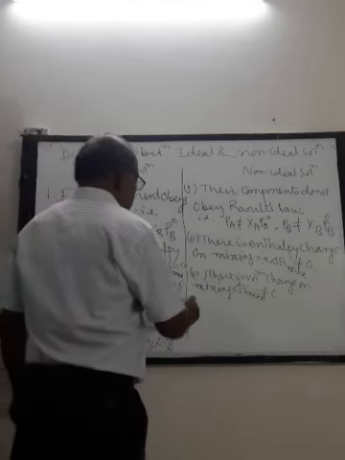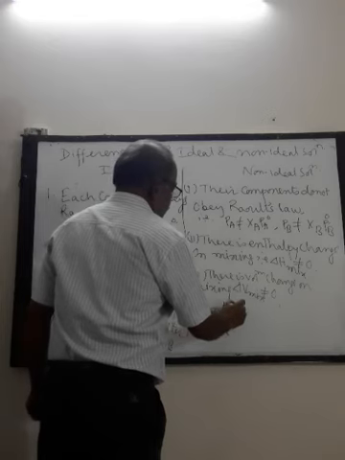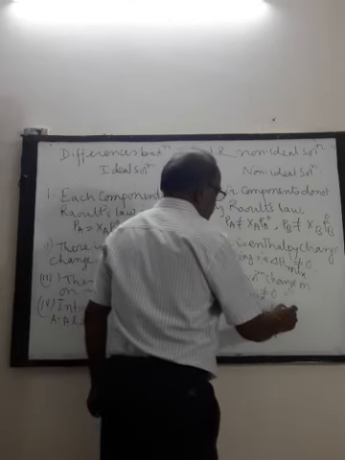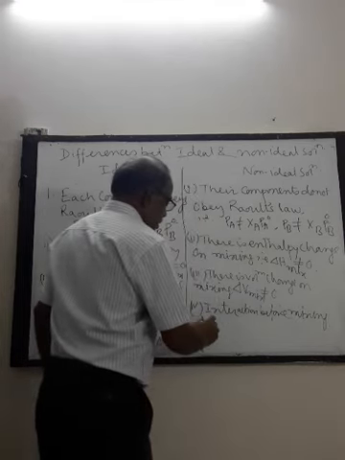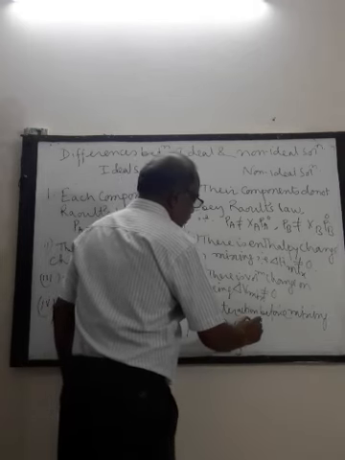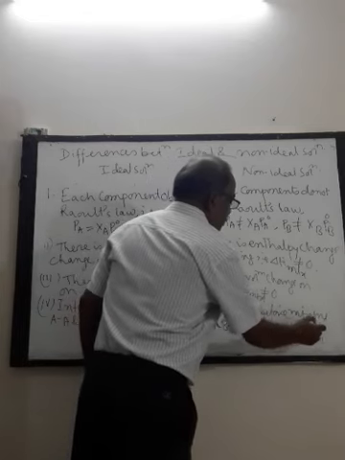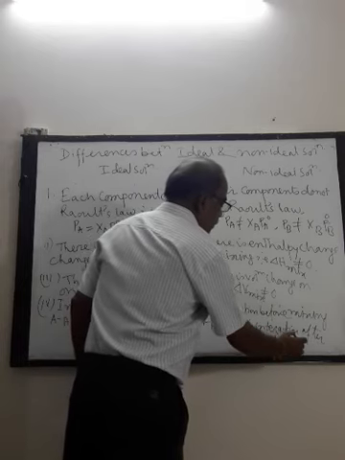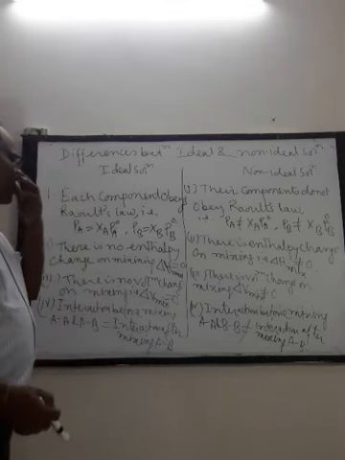Here in case of non-ideal solution, interaction before mixing, A-A and B-B interaction, is not equal to interaction after mixing. That is AB interaction. So these are 4 points of difference between ideal and non-ideal solution.